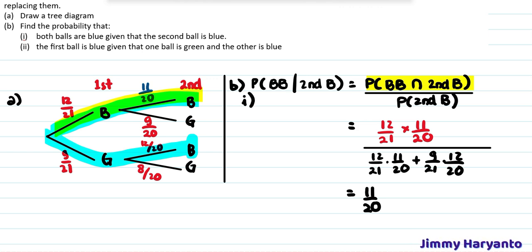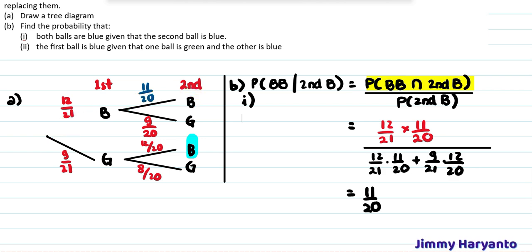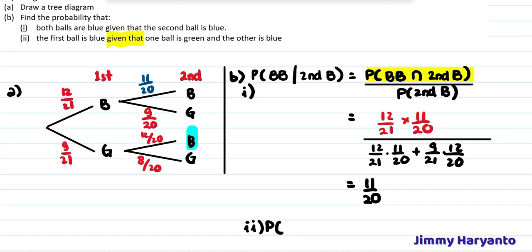And then next is B(ii). Wait, let me erase this one first. So the first ball is blue, given that. So we see another given that. That means we have to use the formula. Let's write down the notation first. The first ball is blue. You will write it like this. Given that means slash. And then one ball is green and the other is blue, so one blue, one green.